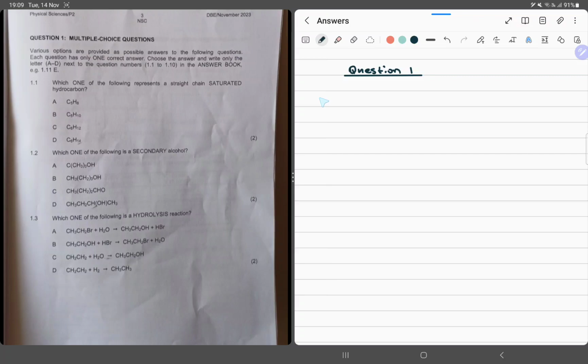So the general formula for alkanes is CnH2n+2. If you follow this one, it says C5H8. So this is already not what we're looking for, because 5 times 2 is 10, 10 minus 2 is 8, and this is basically an alkyne. Now, 5 times 2, that's 10, so this is an alkene.